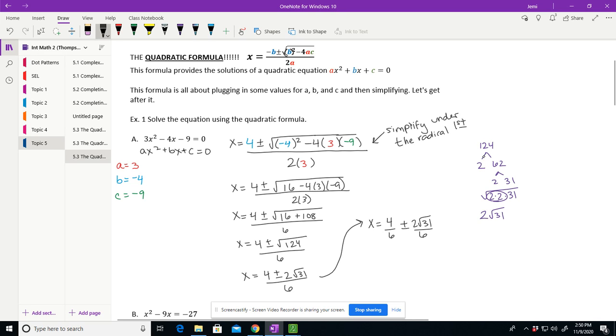And I'm going to do that because it makes my reducing of fractions a little bit easier, and this is the way that Savas has their answers written. Now I'm looking to simplify. 4 divided by 6. What goes into 4 and 6?